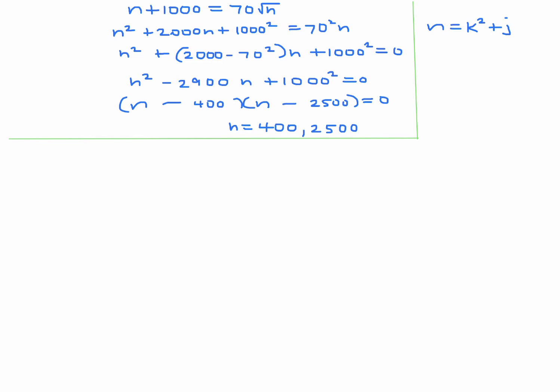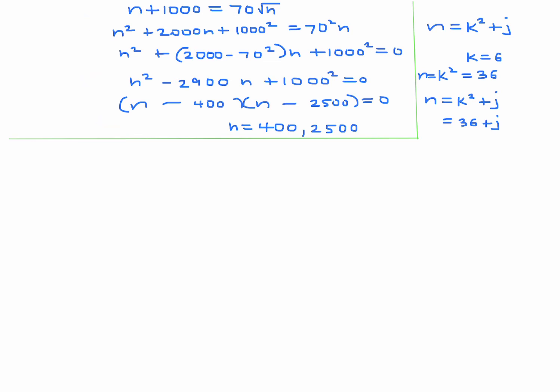That's a bit abstract, so let me explain what I mean. Let's say k is equal to 6. When n was equal to k squared, that was simple: it's just 36, which is a perfect square. But now I'm saying it's not a perfect square. It's something plus j, so at this point it would be 36 plus j. Now 36 plus j cannot be a perfect square, otherwise we're right back to this whole scenario again.